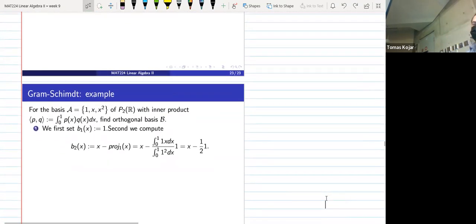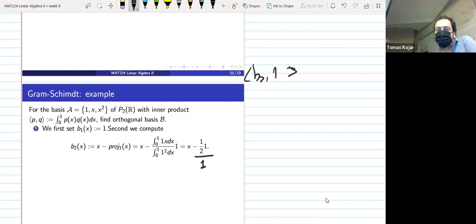So the top is a half, and the thing we divide by is actually 1. So that's your guy. So let's check it. We're saying the inner product of B2 and 1 is 0. So this is 1, and then x minus a half, right? Which is exactly what we want.